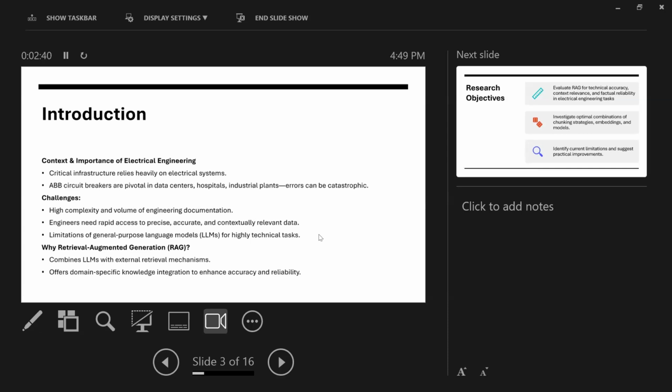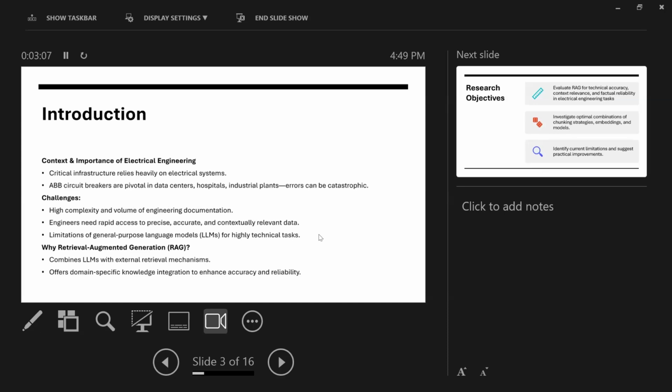This can be daunting because documentation for these items is huge, in thousands and thousands of pages and hundreds of thousands of words. So I thought about using RAG to ease the application and see how well it can answer queries from engineers and the client side or the FM side, for example.